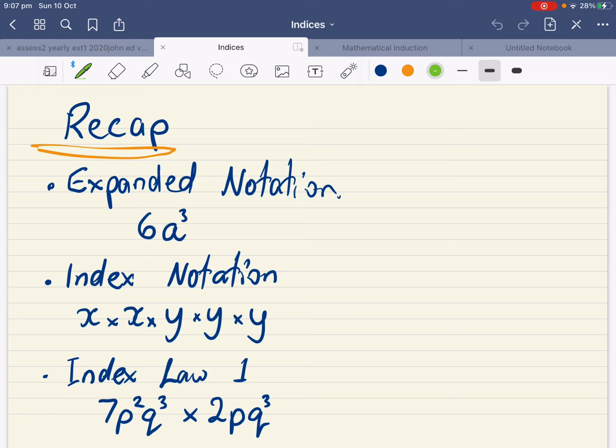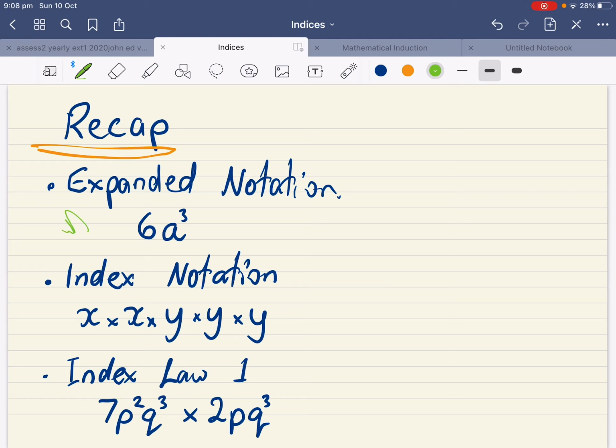Alright, you don't need to copy this into your books. This is just a quick recap. I'm just going to go through the 3 different skills that we've covered so far. So as far as expanded notation, so here we have an algebraic, hang on a sec, my pencil is not working.